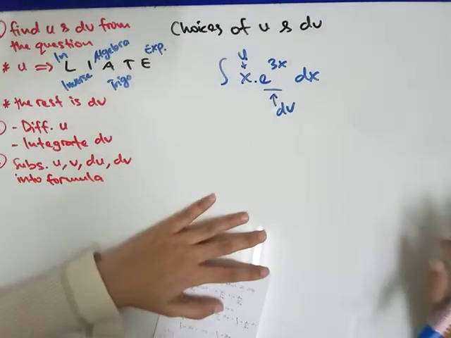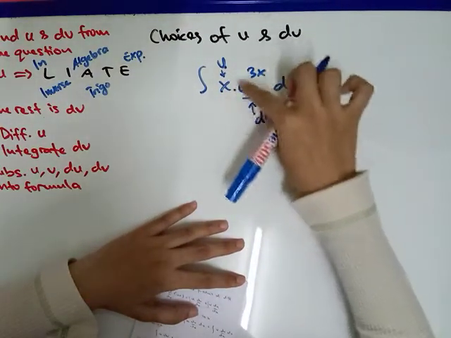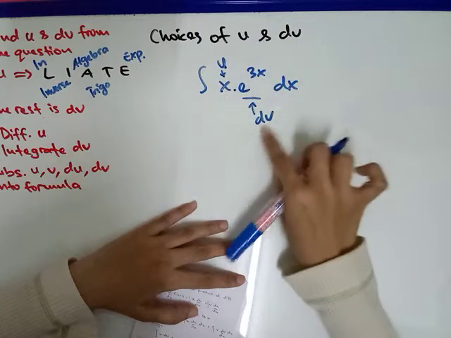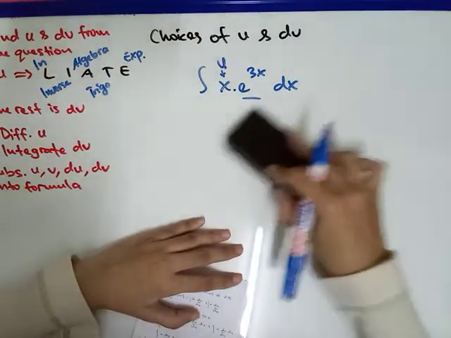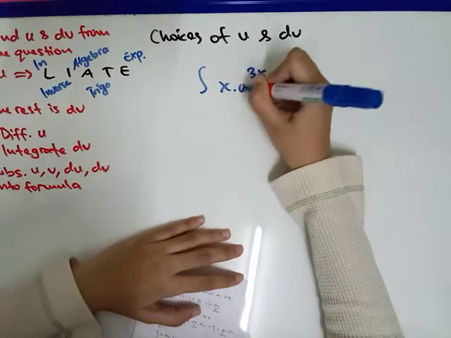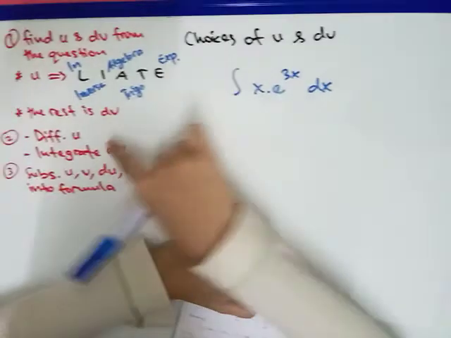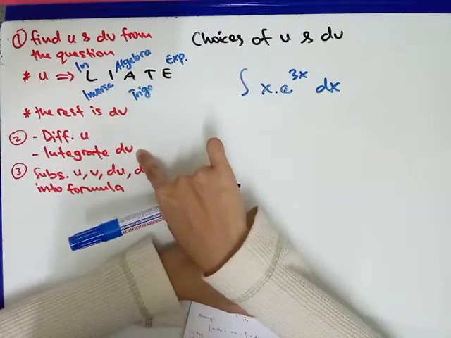Okay, so yang ni, kita dah let U as x and then dV as exponent 3x. So we need to differentiate U, integrate dV. Second step.